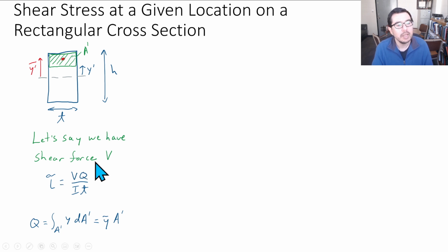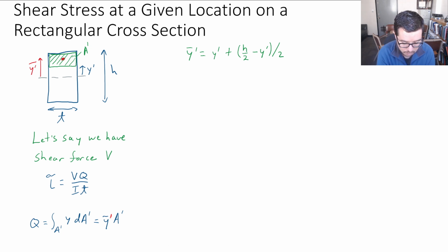So let's say we have some shear force V, and this is dependent on x along the beam. And we have our equation for Q, the first moment of area. Let's calculate out y bar prime. And I guess, another typo, there should be a little y bar prime there.